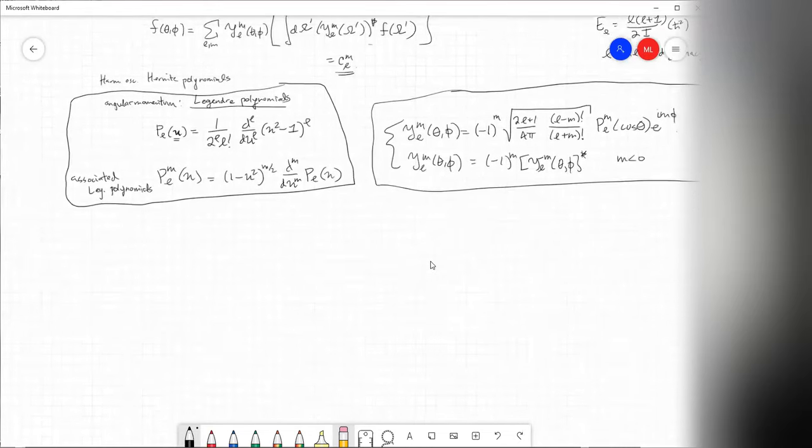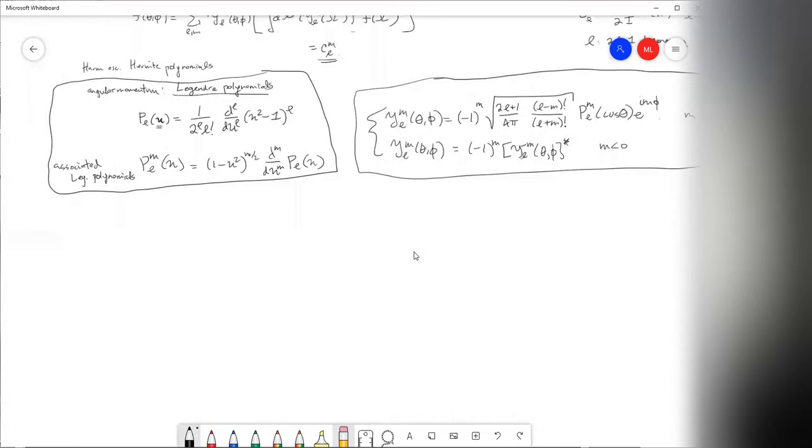So that's good. Now we have them. Let's look at some examples. You have this recipe and you can use it. One of the most common ones is the L equals 1 spherical harmonics. There should be 3 of them, for the 3 values of m.